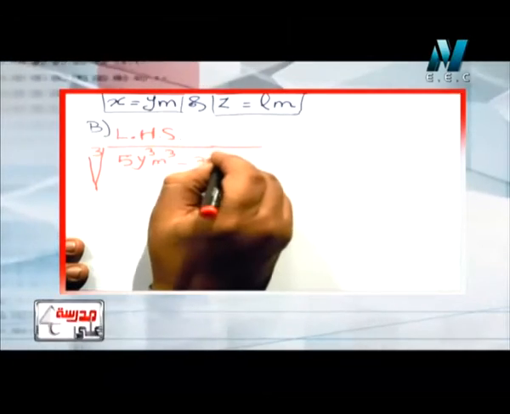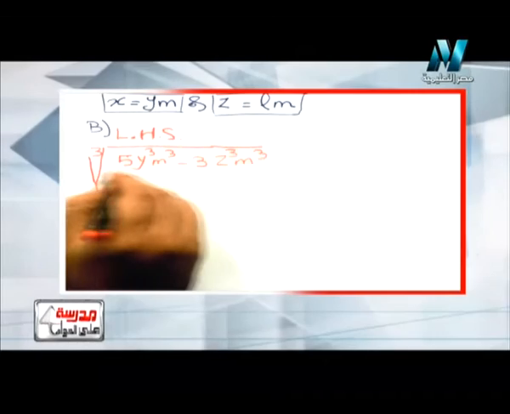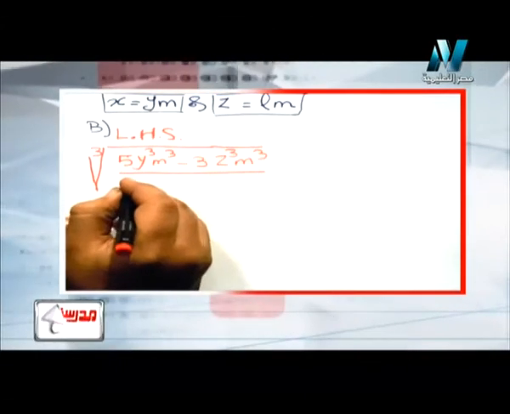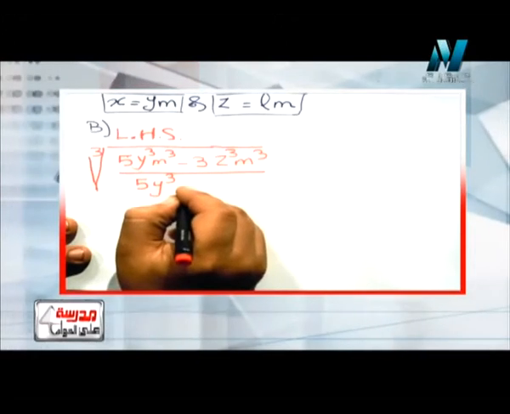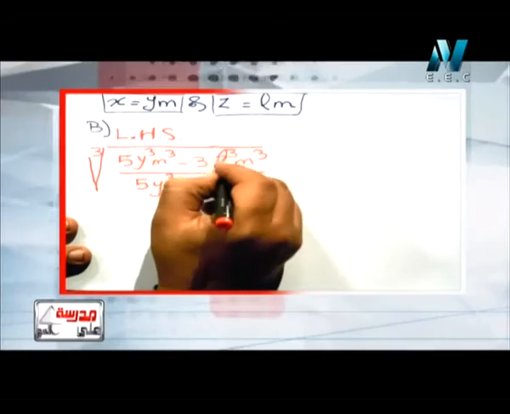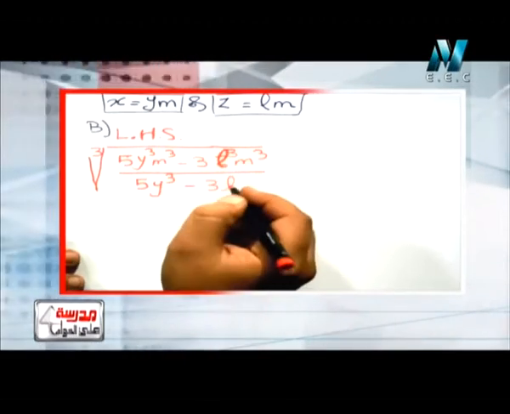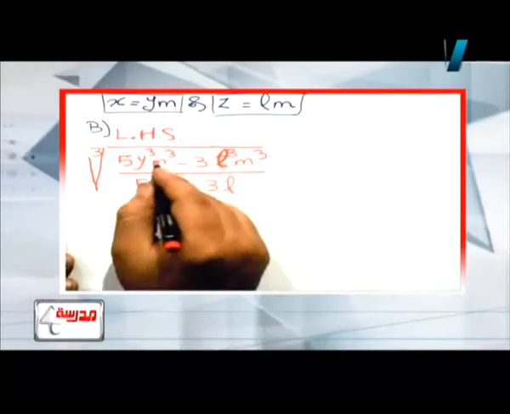So I'm going to replace here z power 3 by l power 3, m to the power 3, over 5y to the power of 3, or 5y cubed, and minus 3l cubed. Now, I have a common factor for the numerator, and the common factor here is m power 3.